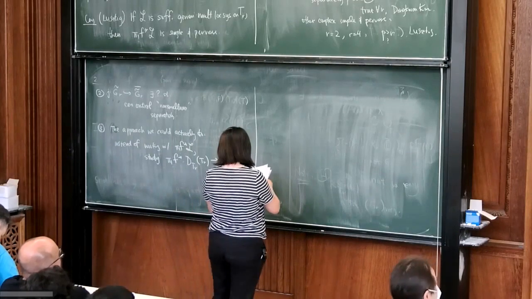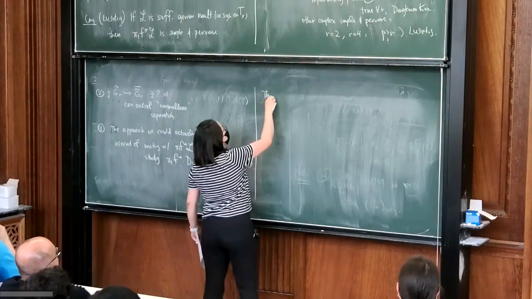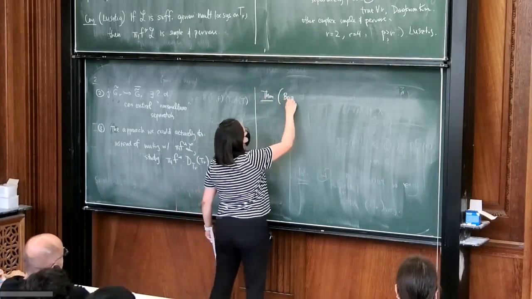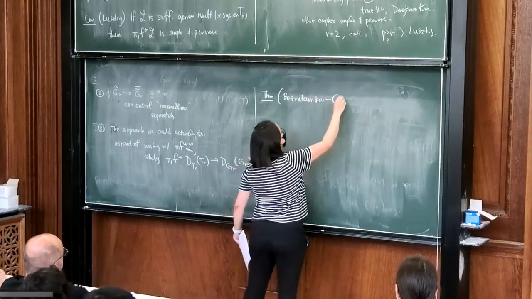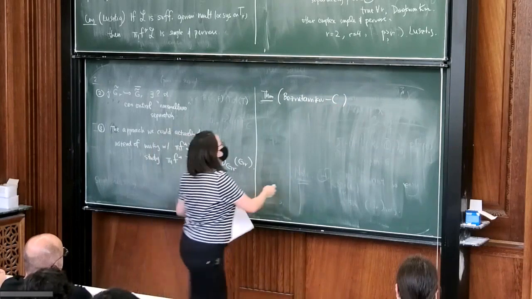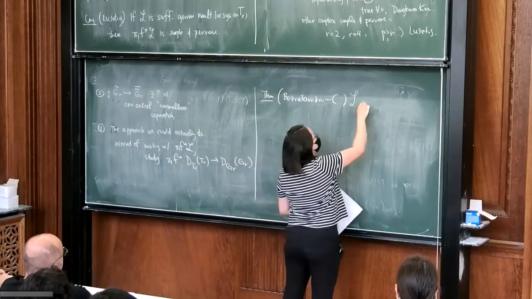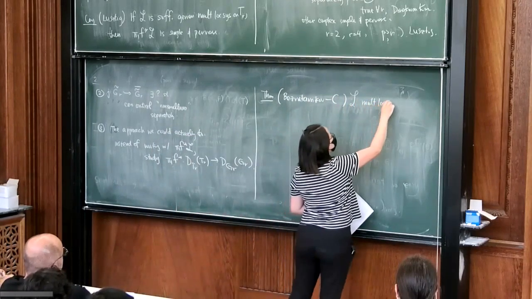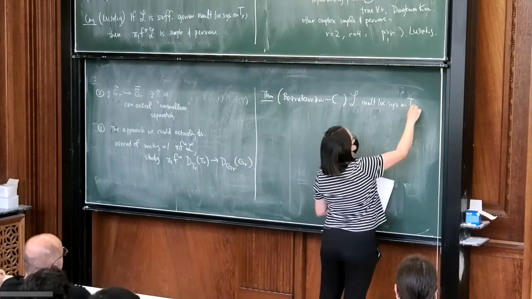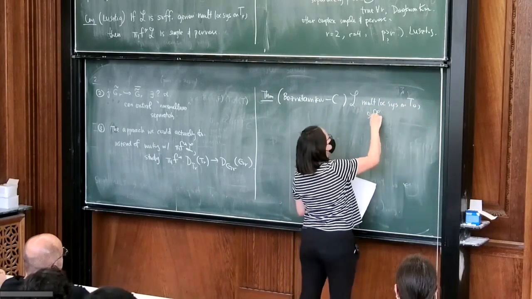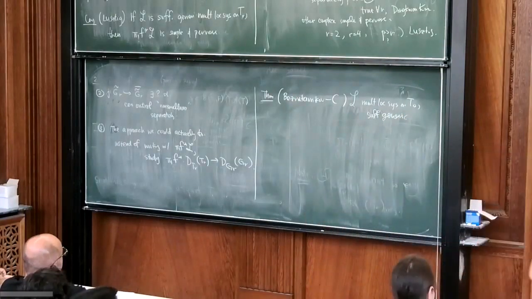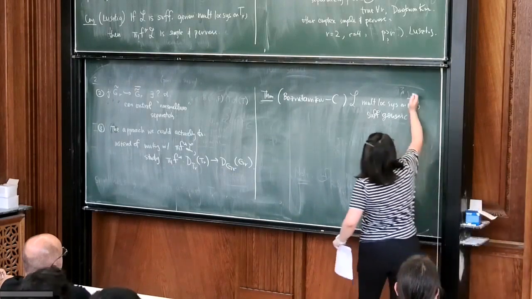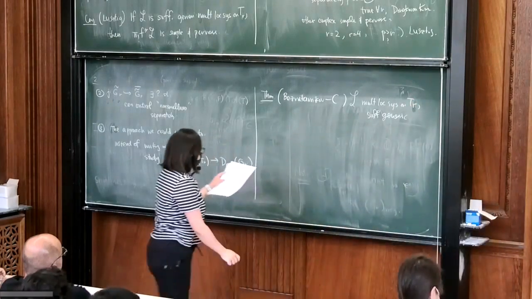Okay, so here I always start with L, a multiplicative local system on TR, sufficiently generic.